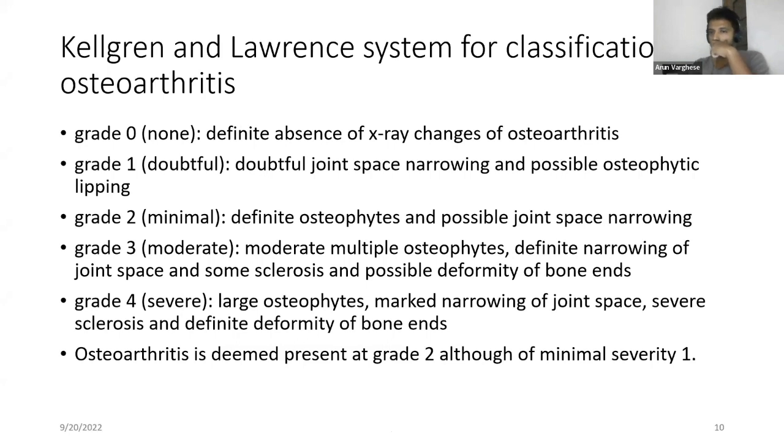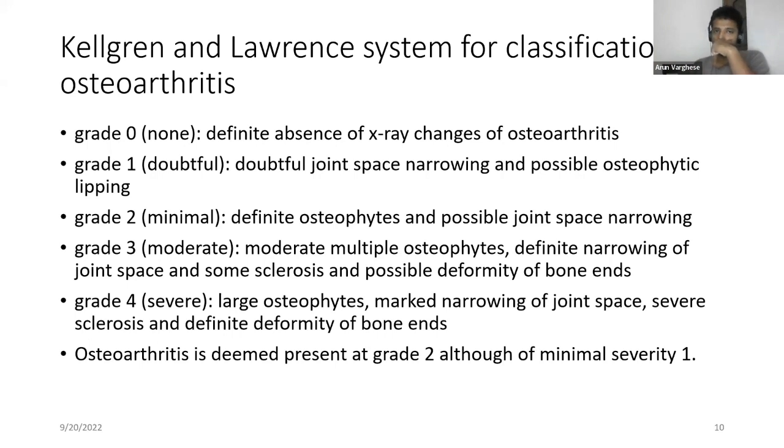We classify if it's severe or not. This just structuralizes what you are doing instinctively, based on the deformities or changes present in the X-ray.